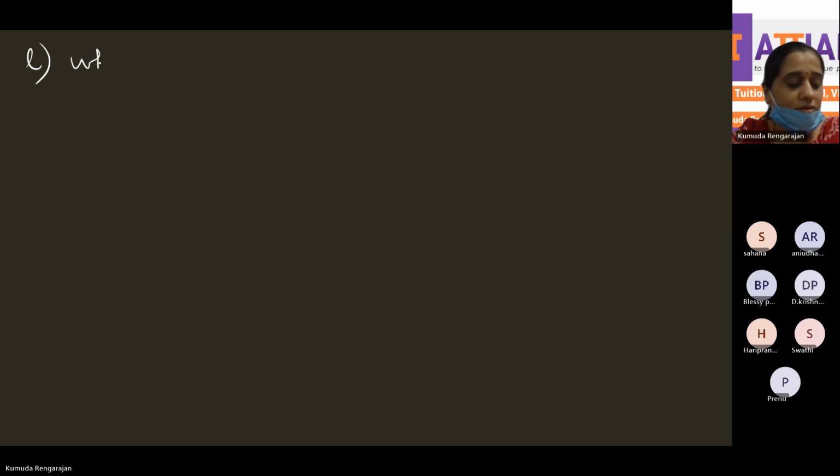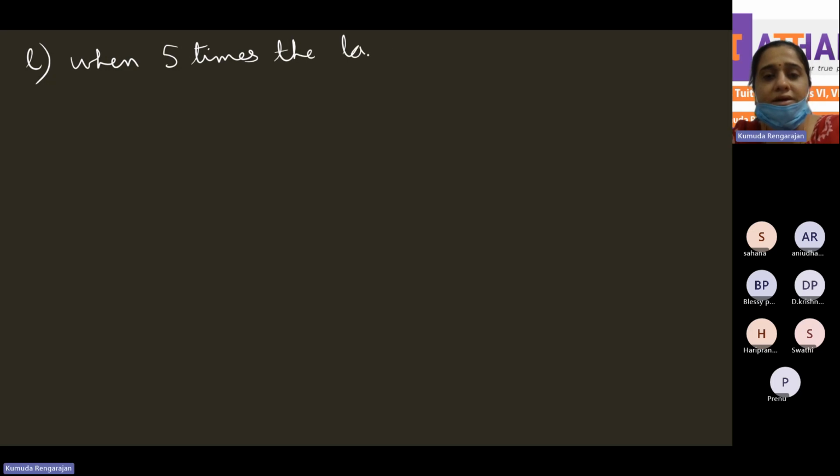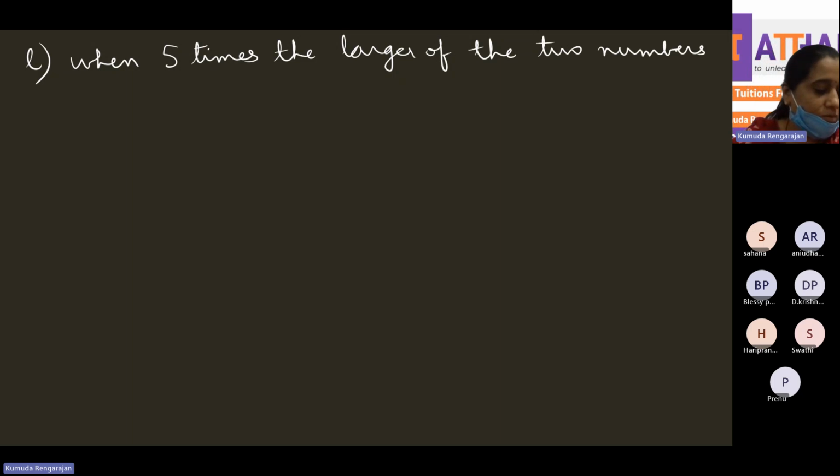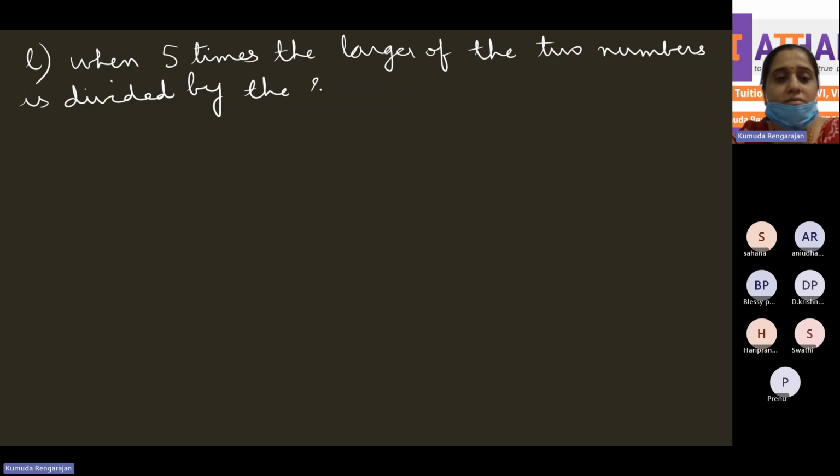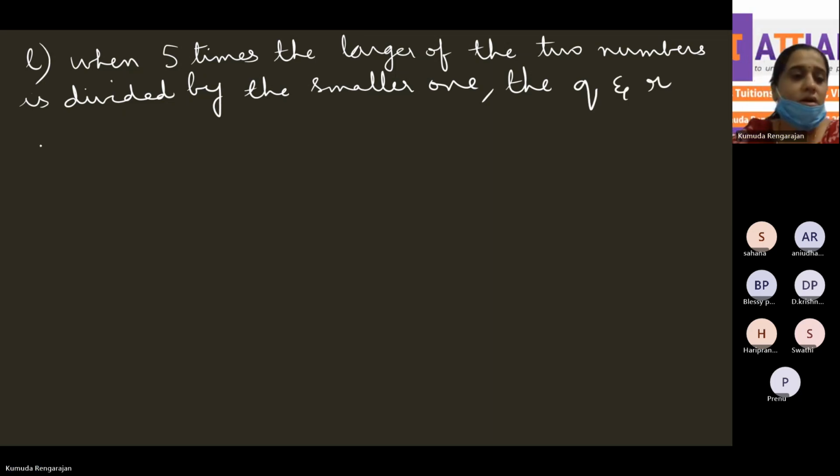Next one is: when 5 times the larger of the two numbers is divided by the smaller one, the quotient and remainder are 2 and 9 respectively.